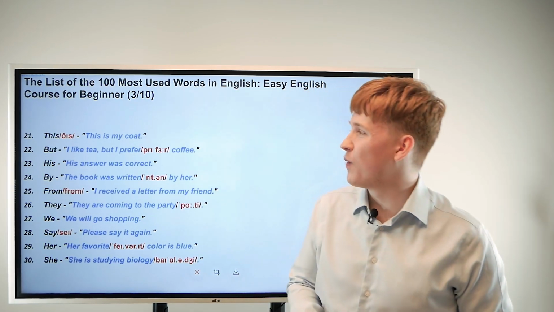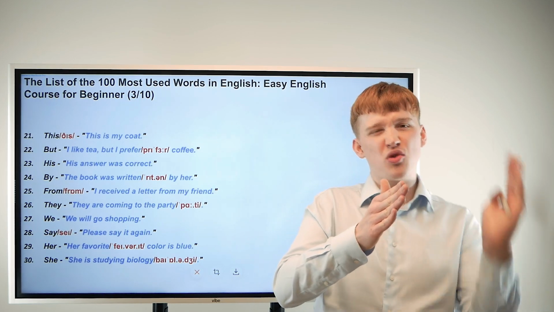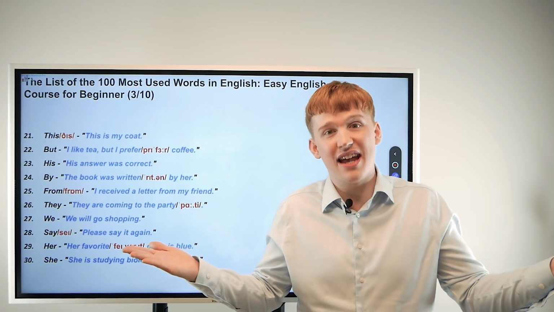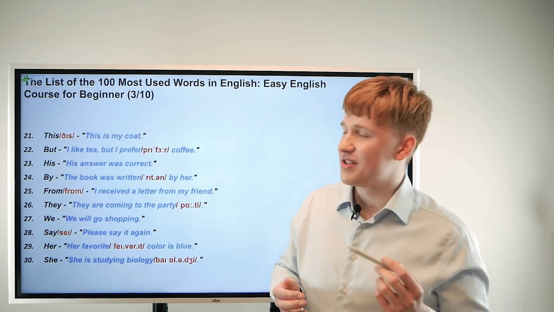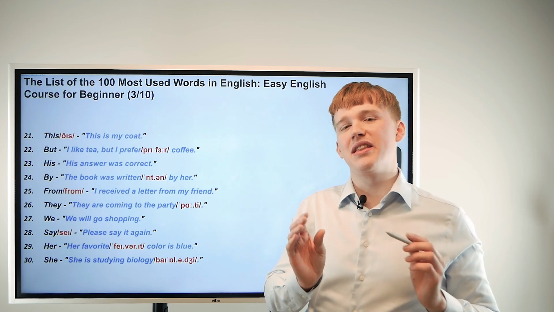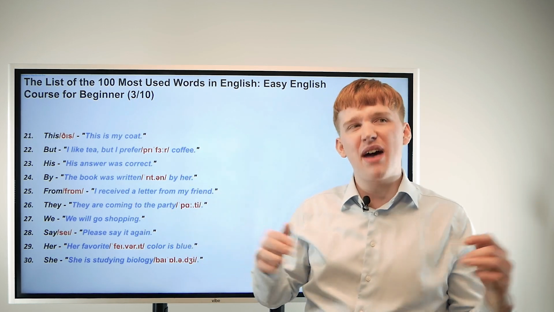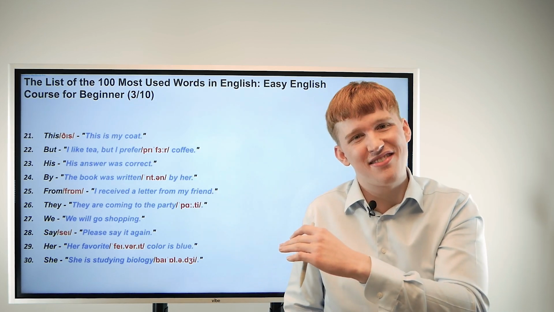Okay, so next up we have the word but. But is used when we want to take one piece of information and then we want to kind of twist it a little bit with some other information. So I like tea. That is a fun drink. That's a drink that I enjoy drinking. And then I want to say how I prefer coffee. So we want to put but in the middle of there because we want to say how there's some kind of information that might kind of be of difference to the information that I just said there.